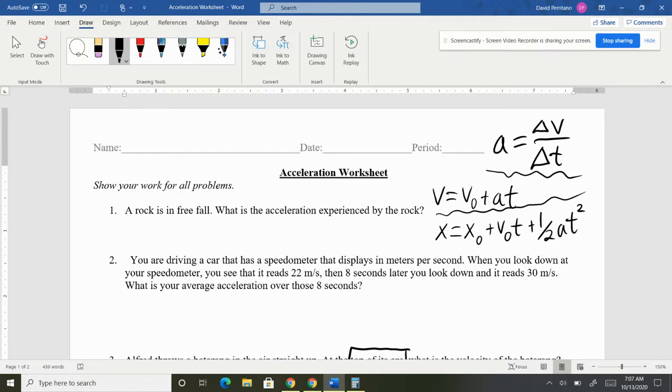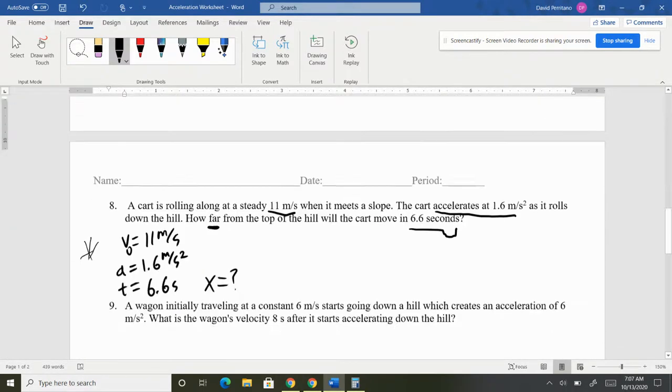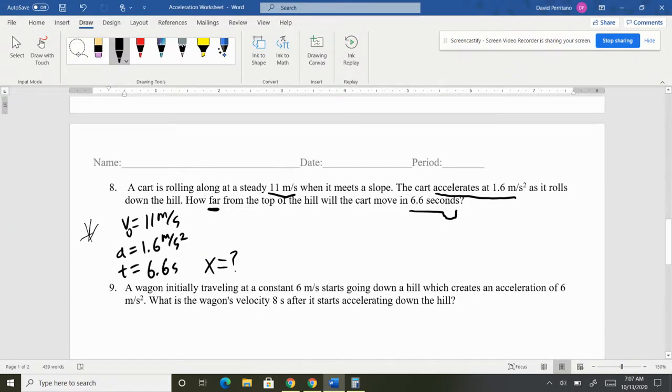But otherwise, we have everything else in that equation. So I'm going to rewrite my equation here. X equals x0 plus v0t plus 1/2 at squared. And like I said, this is all good work to be showing. We said that x0 was going to be 0 meters because we're assuming it starts at the origin.